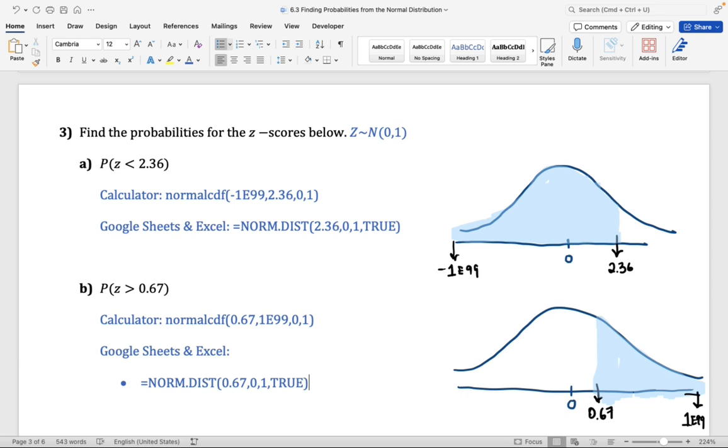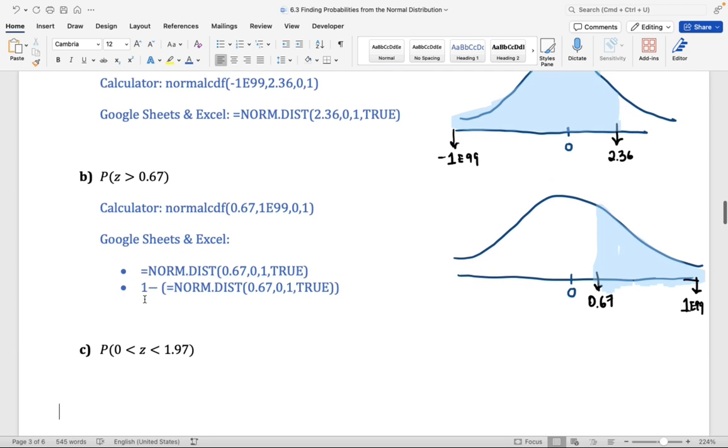You want the area to the right. So once you find the area to the left, using the function above, you're going to take 1 minus whatever you got with the function above. That is, minus the area to the left of 0.67. Again, this is not the best notation, but here I'm just trying to emphasize that we're taking 1 minus whatever we got with the function above.